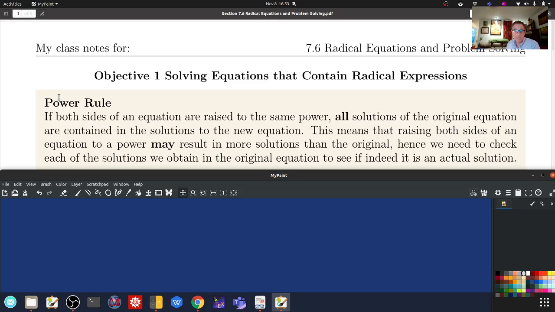The transformed equation is the one that results from raising both sides to a power. Now this is the rub. What that means is we have both the original solution and perhaps extra solutions. So the possibility of getting extra solutions means that when we get to the end, we always have to check.